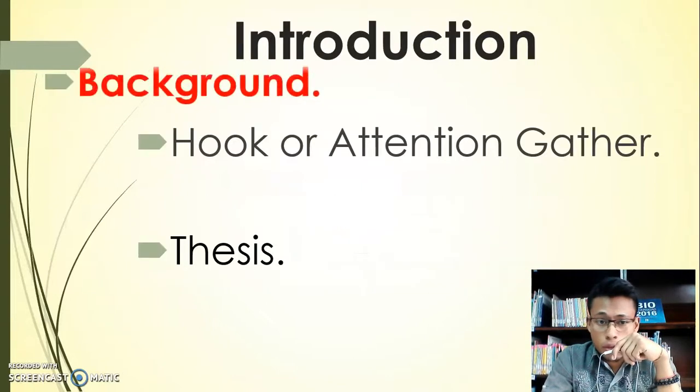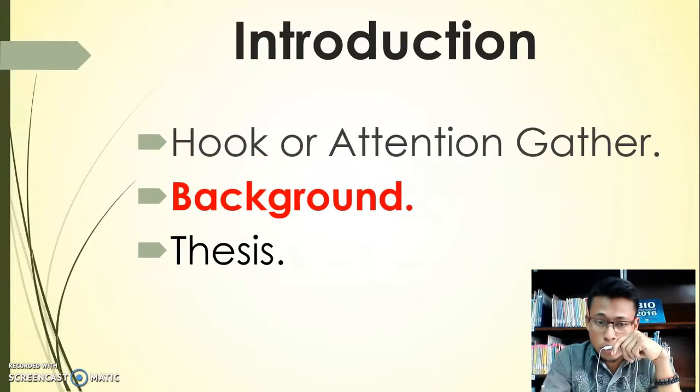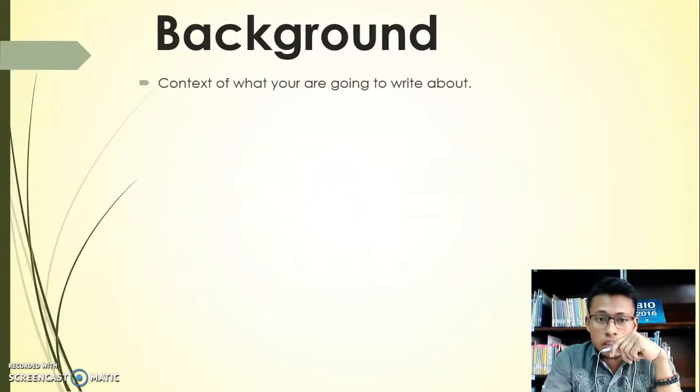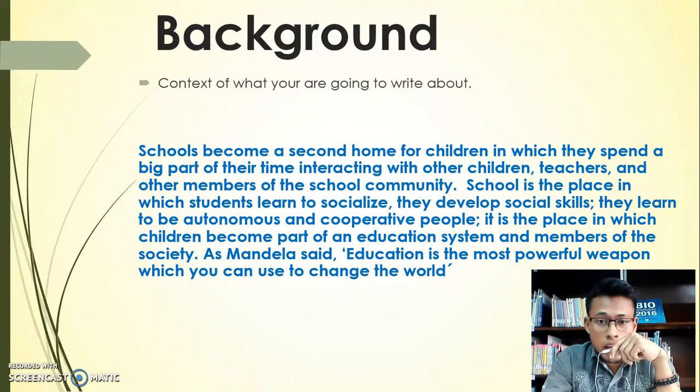Then we have the third part, and not less important, that is background. And the background, remember, is just the context of what you are going to write about, right? So if you see this example that I have here, it's talking basically about the school and children. So it says schools become a second home for children, in which they spend a big part of their time interacting with other children, teachers, and other members of the school community.